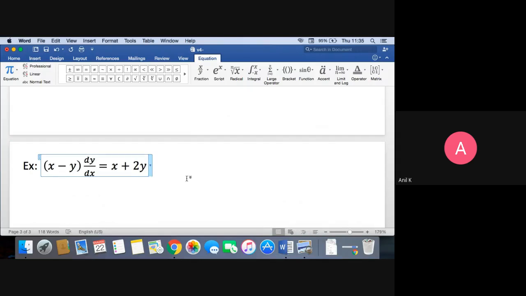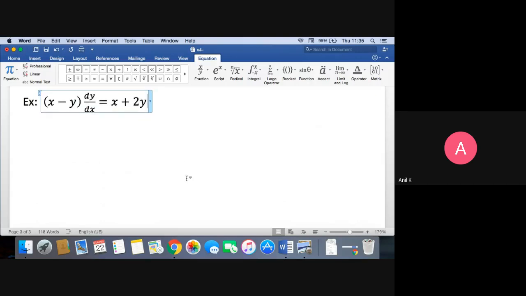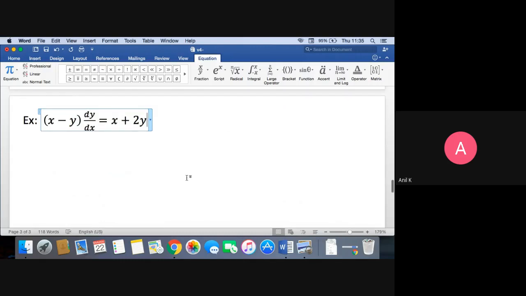Now, like in the previous exercise where we brought all the x terms to one side and all the y terms to the other side, can we do that here? Can you bring x terms to one side and y terms to the other? You try at home. If you can bring them that way, you can solve it using any of the previous methods.